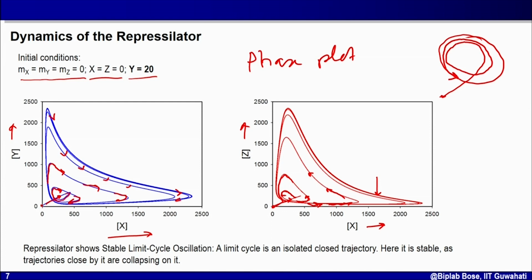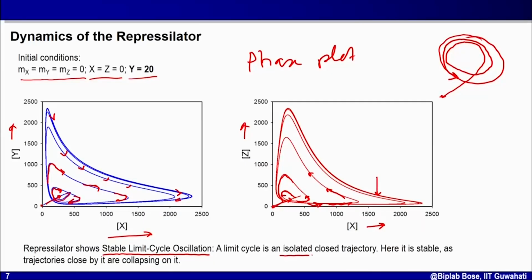This type of behavior is called stable limit cycle oscillation. What happens in case of stable limit cycle oscillation? You have an oscillating system, obviously, as it oscillates, it is called limit cycle oscillation. The phase plane of that has multiple trajectories.